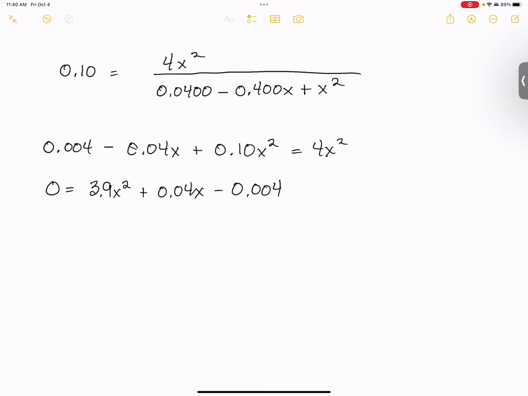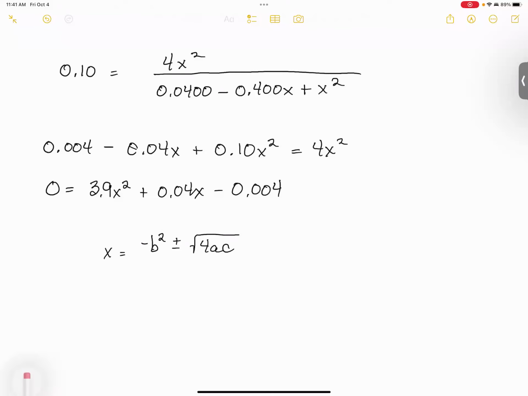The quadratic equation is x is equal to minus b squared plus or minus square root of 4ac all over 2a, I think.